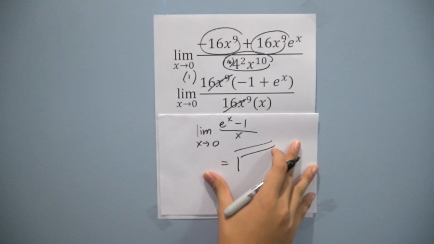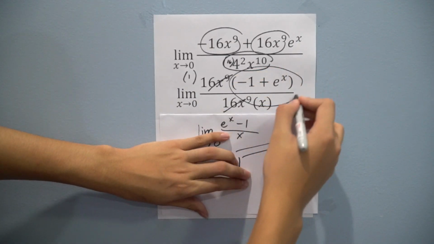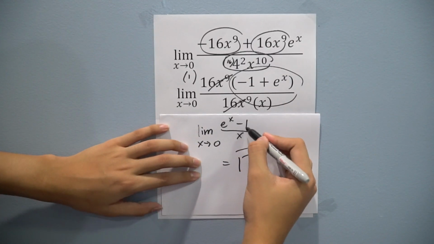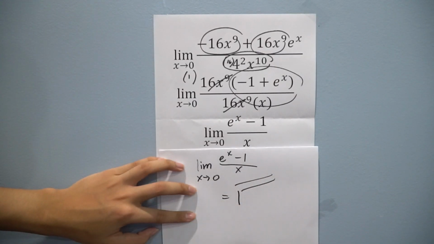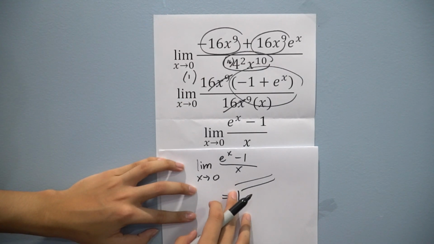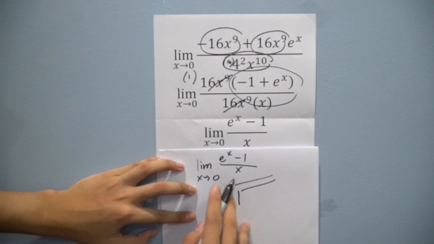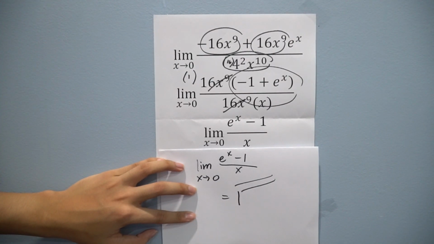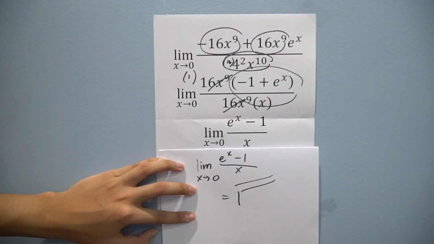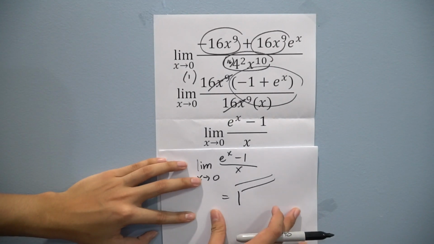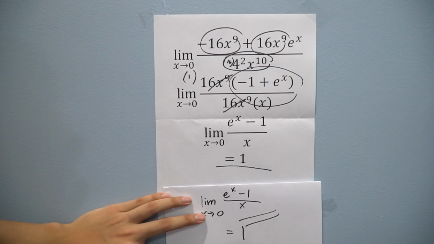Now that we have reached this point, we can rewrite this fraction as (e to the power of x minus 1) all over x. Again, to reiterate, the limit of (e to the power of x minus 1) all over x as x approaches 0 is just 1. Therefore, the limit of the original expression as x approaches 0 is basically 1. Yay!